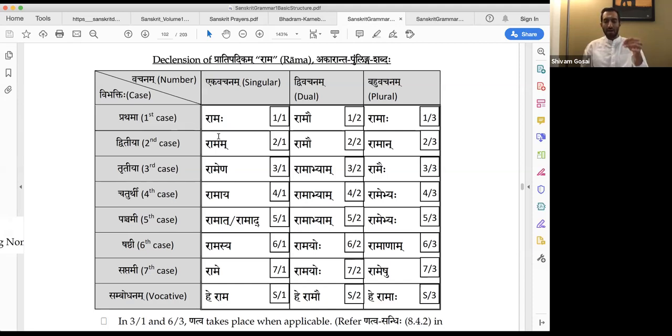Ramam, Ramo, Raman. Third case. Ramena, Ramabhyam, Ramaihi. One more time. Ramena, Ramabhyam, Ramaihi. Now we go to the fourth case, okay? So what we see is Ramaya, Ramabhyam, and Ramebhyaha.